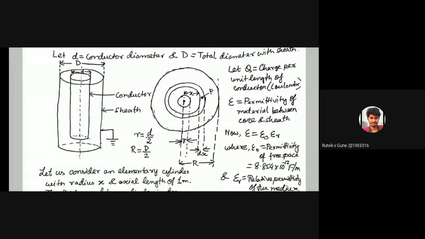this is a single core cable, and its cross-sectional view is shown on this side. It can be drawn like this, with concentric circles.